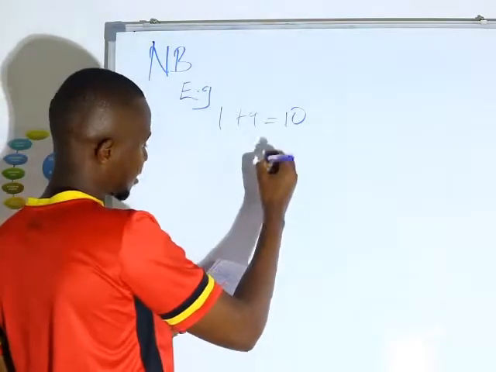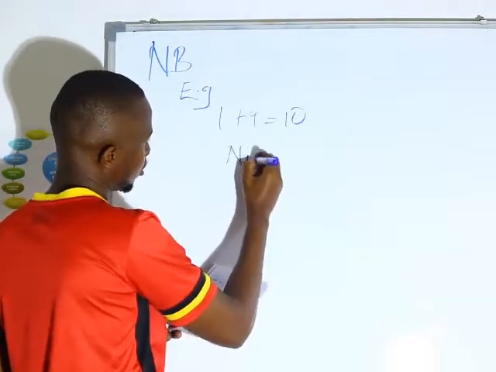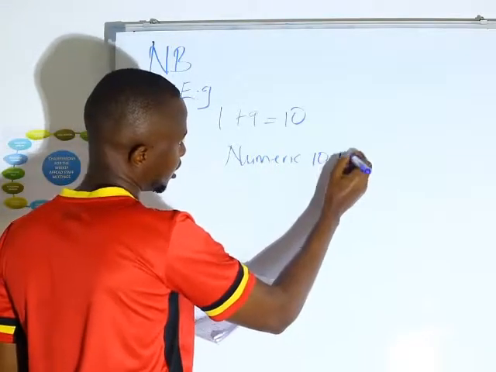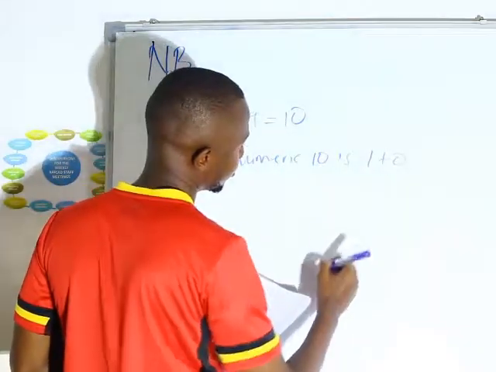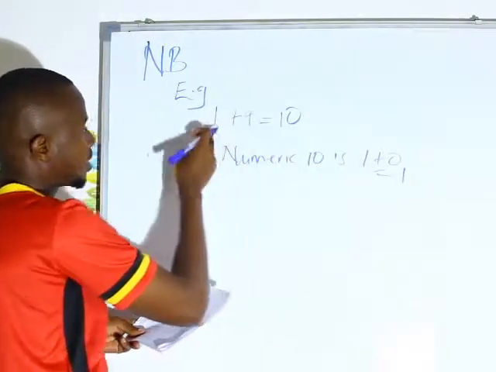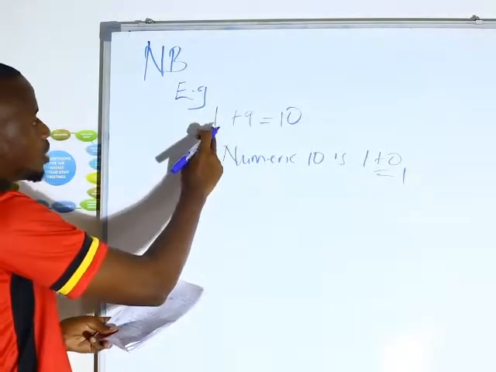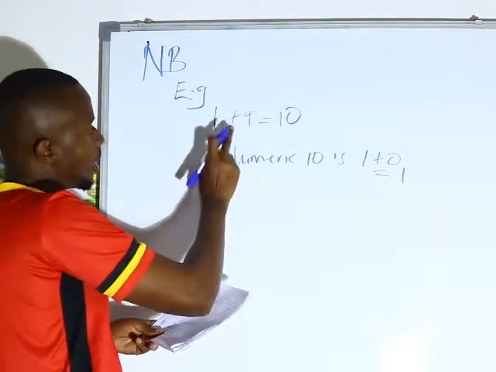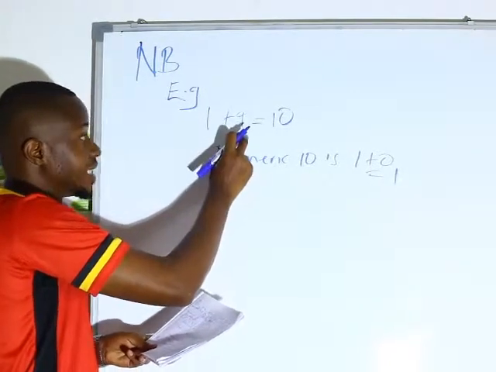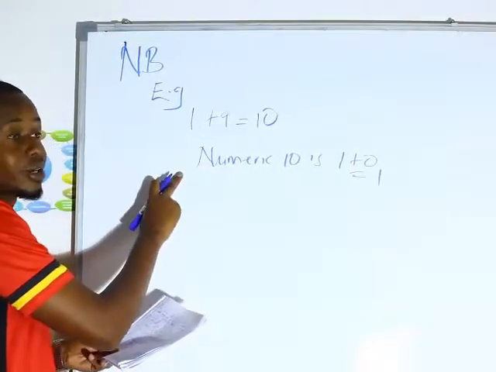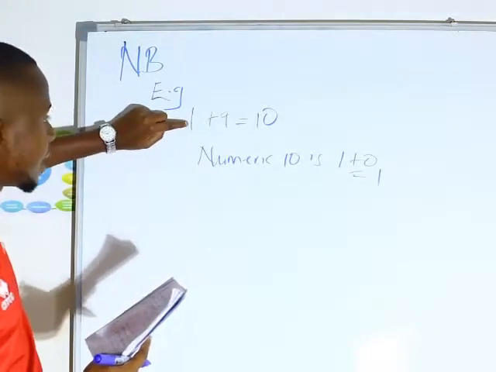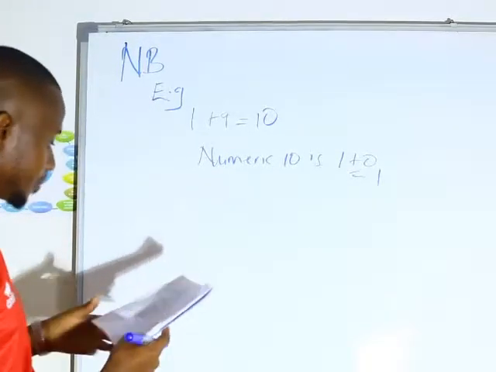So the numeric sum of 10 is 1 plus 0, which equals 1. 1 is the same as this, which shows that when every number in the counting system is added onto 9 and you find its numeric sum, it is always equivalent to the number it's added on.